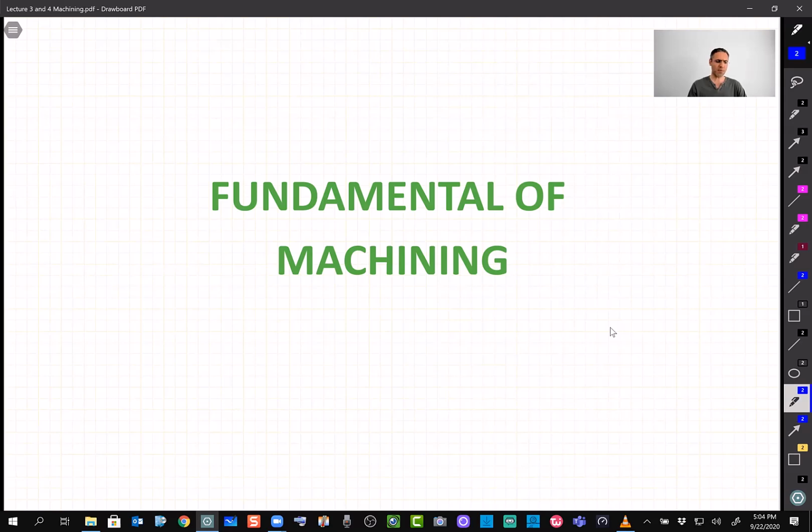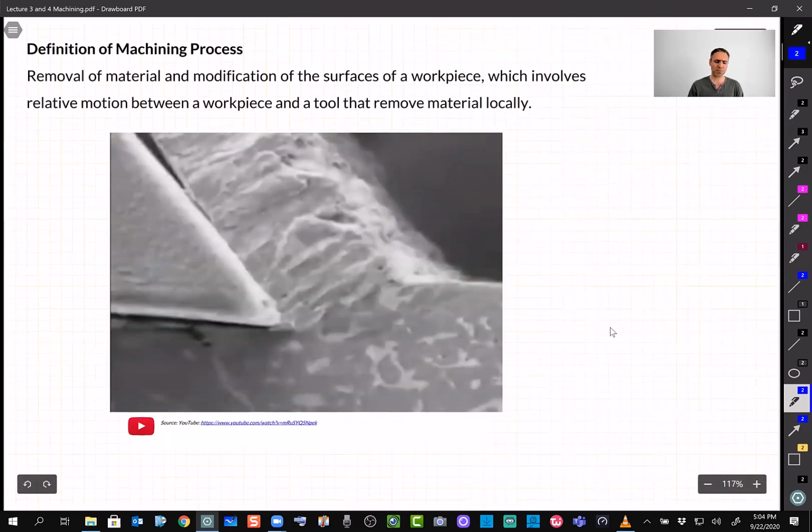So let's see, what is machining? In simple words, removing material to form a shape, or to modify a surface, we call machining. So the key is removing material.